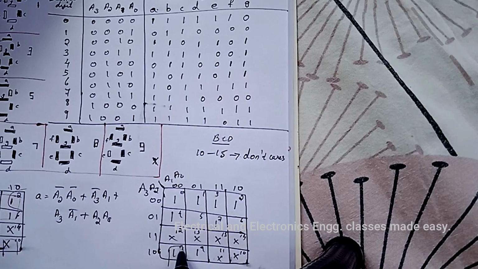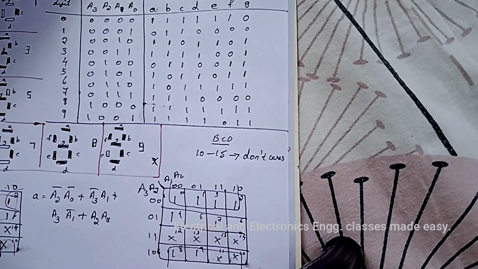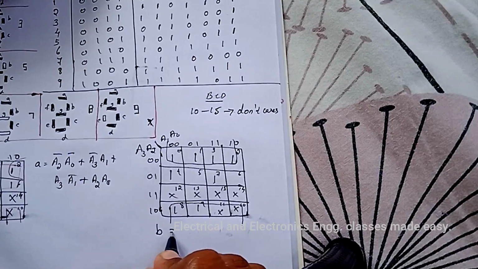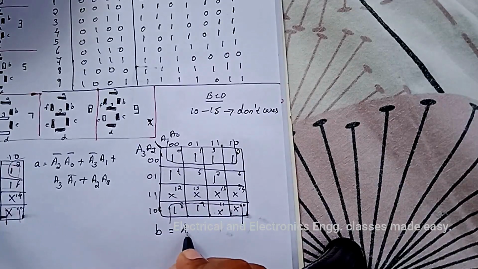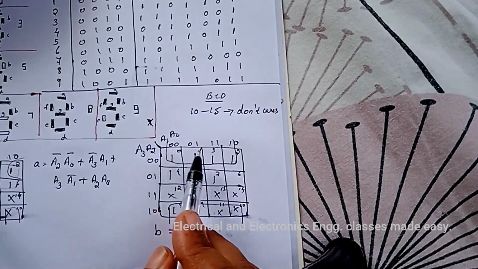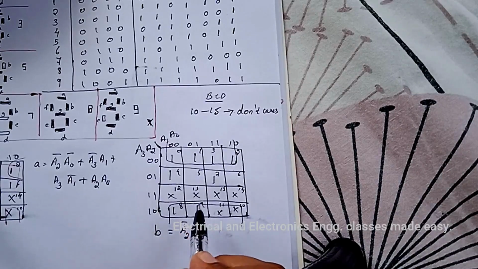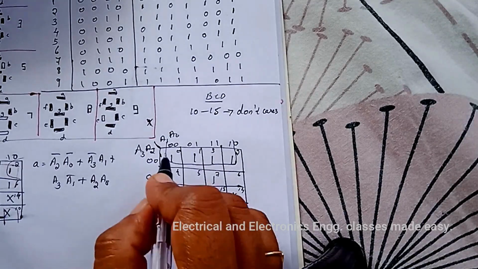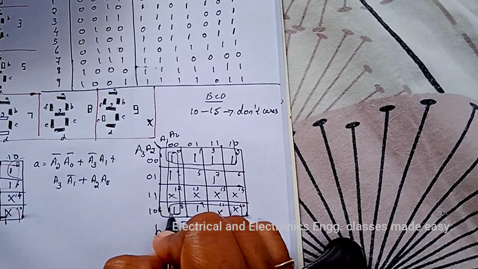Here we can combine or we can wrap these 8 squares. So here constant term is A2 bar, then plus next we can combine these 4 squares.